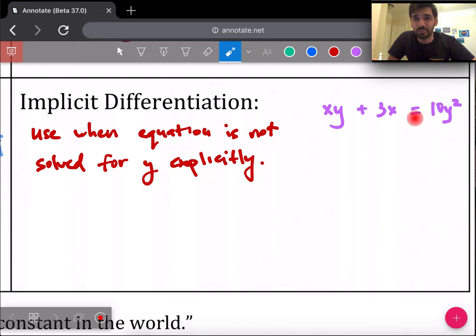And I could try, but I may not be able to isolate y on one side and solve the equation out. So in this case, you can still take its derivative and find the slope, but you'll just need to use implicit differentiation. So right here, I'll work the example first, and then I'll write another statement down here just as a reminder.